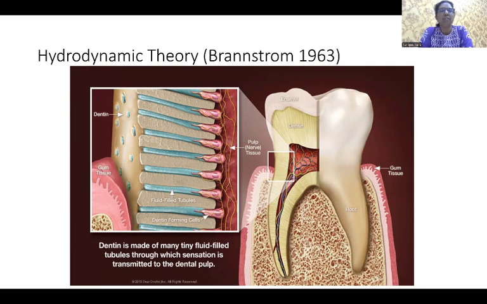Whenever a patient is exposed to cold drinks, hot drinks or cold air, fluid movement occurs in the dentinal tubules, which in turn stimulates the odontoblastic process and the nerve endings, and the patient starts feeling sensitivity of the teeth.